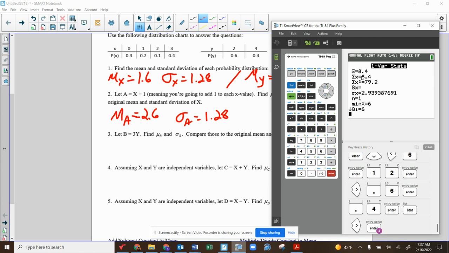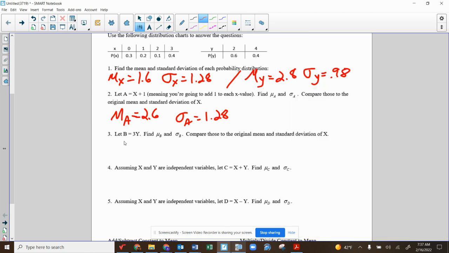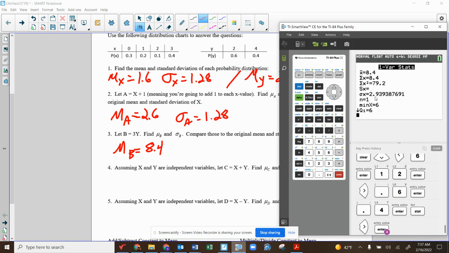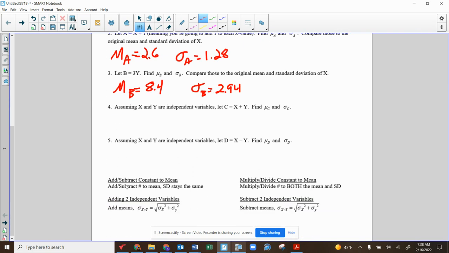Okay, so the new mean is 8.4, which is 2.8 times 3. So my mean for B is now 8.4. And my standard deviation, which was 0.98, is now 2.94, which is also taking this number and multiplying it by 3. So the rule is in these formulas down here.